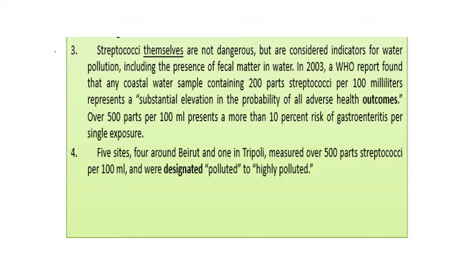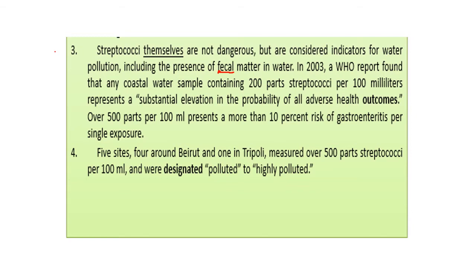Paragraph 3, Streptococci themselves are not dangerous, but are considered indicators for water pollution, including the presence of fecal matter. Fecal matter is matter that comes from the excretion of humans and other organisms, matter in water.